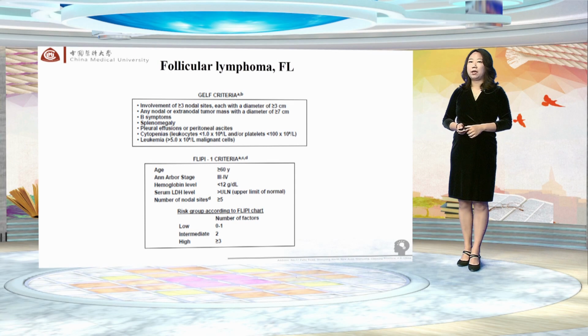Any nodal or extranodal tumor mass with a diameter of more than 7 cm. B symptoms, splenomegaly, pleural effusions, or peritoneal ascites, cytopenias, and leukemia.